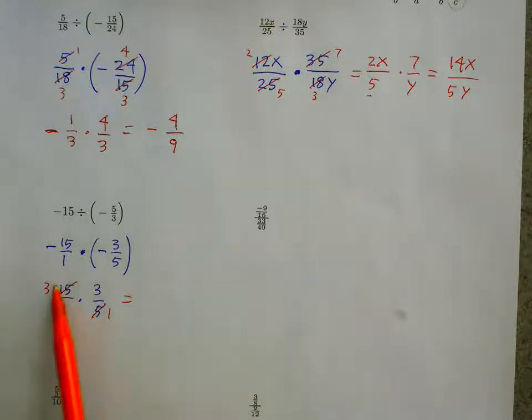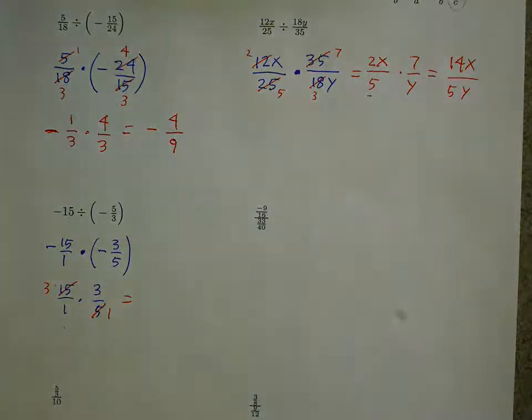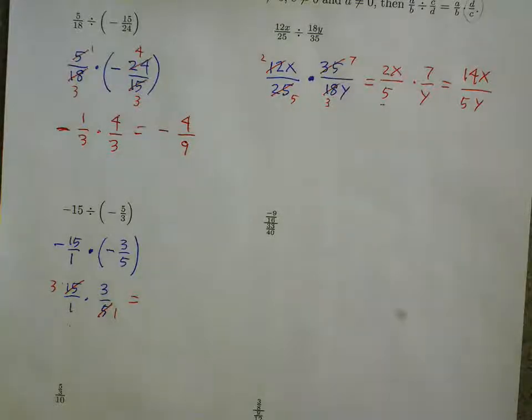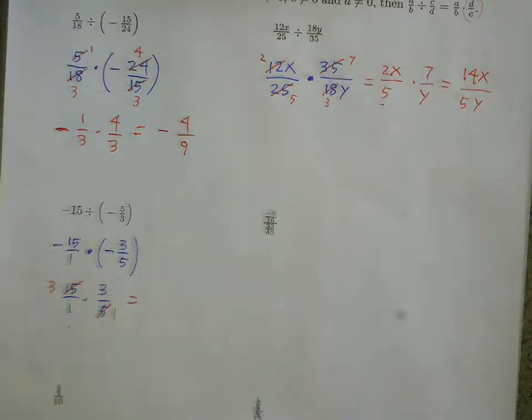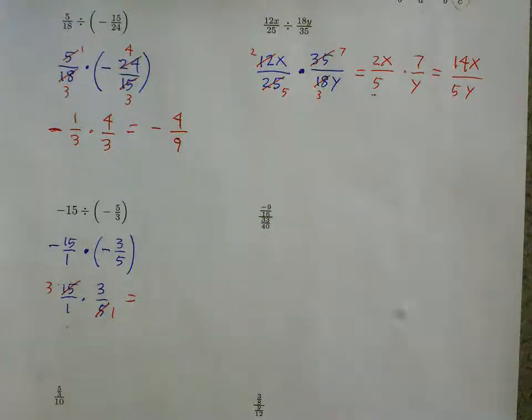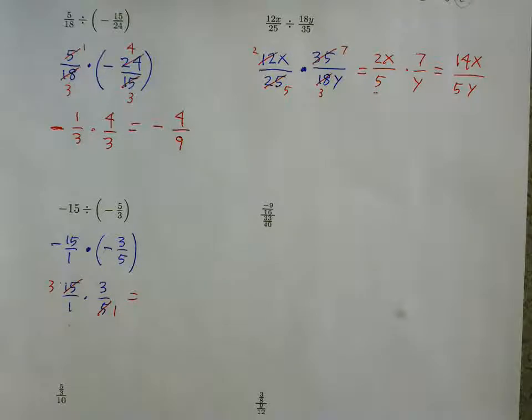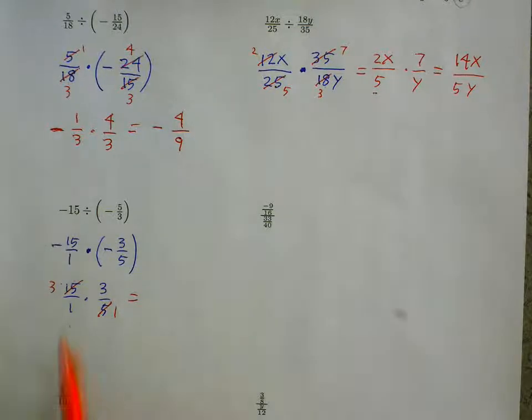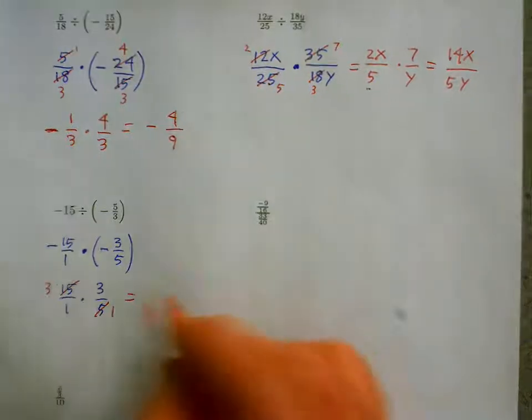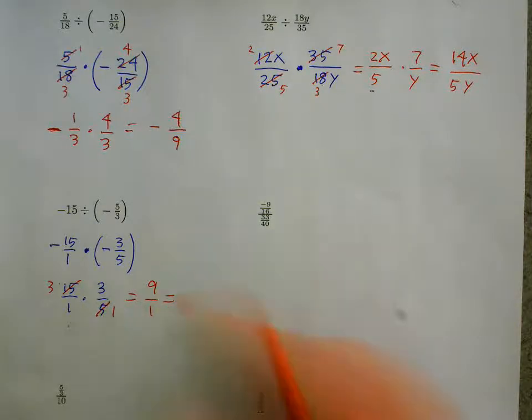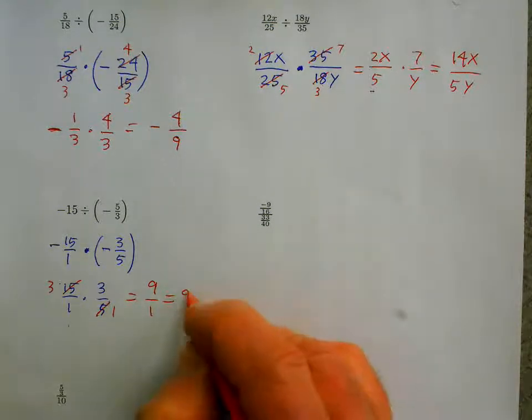And then 3 over 1 times 3 over 1 is 9 over 1. And then 9 over 1 is normally written as 9.